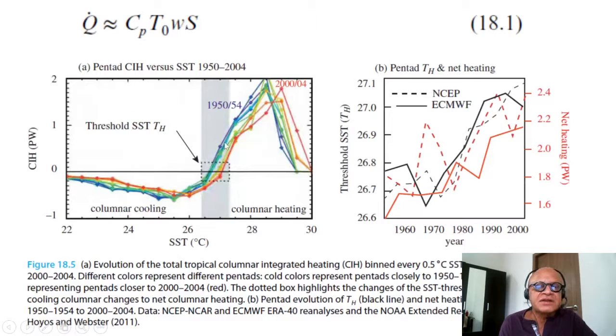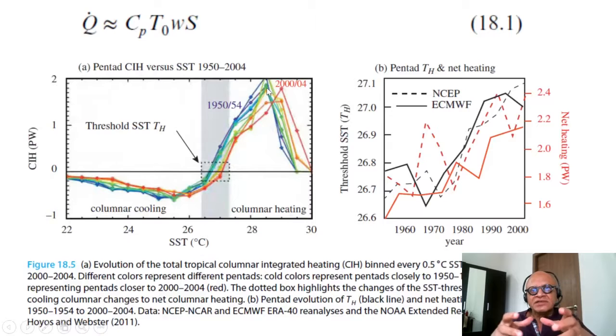And you can see that in the 1950s, the columnar heating threshold temperature, where the net heating went from negative to positive, was colder, and the warmer colors represent the latter period. And you can see that along with the global warming that we have been looking at, the threshold temperature has also increased considerably, or at least detectably, and the total column heating has gone up as well.